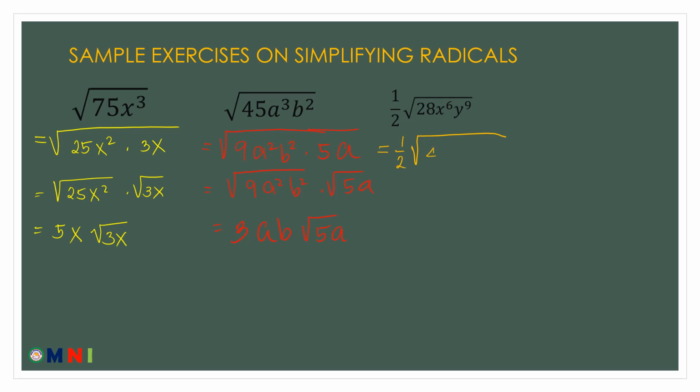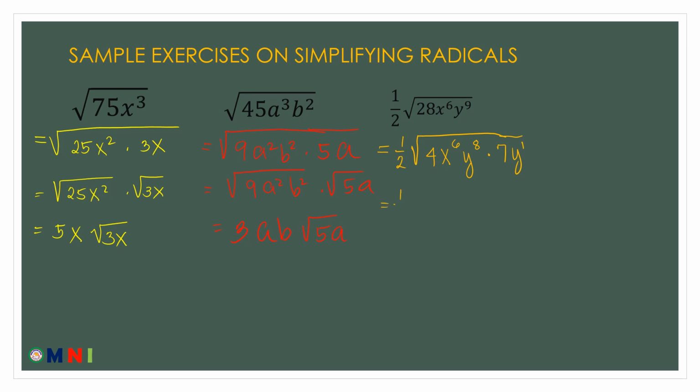For x to the power of 6, that is the greatest perfect square factor, and for y to the power of 9, we can have y to the power of 8. And the other factor is 4 times 7, and the y to the power of 9, so that's 1. 8 plus 1 is 9, and 6 is 6.